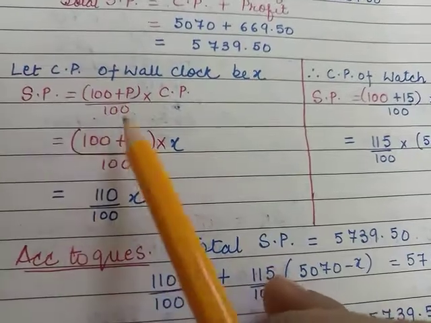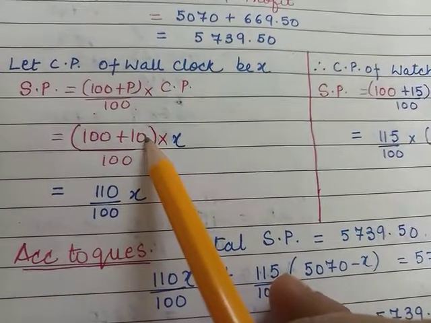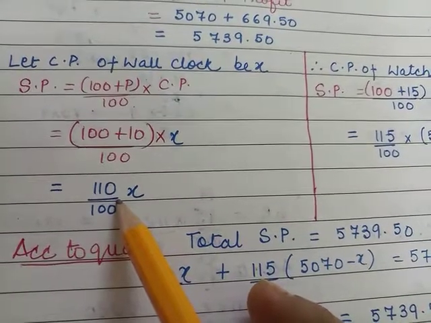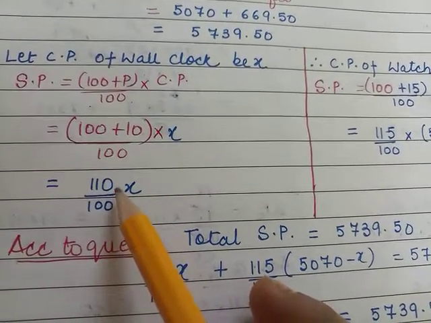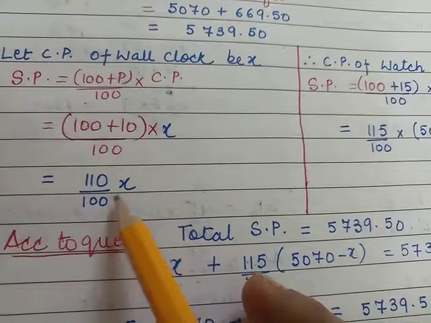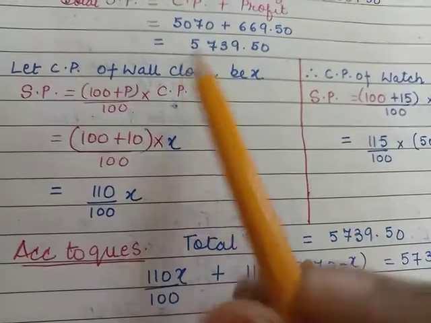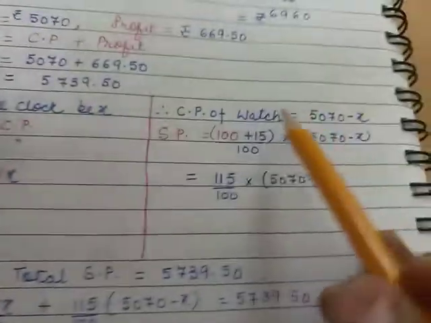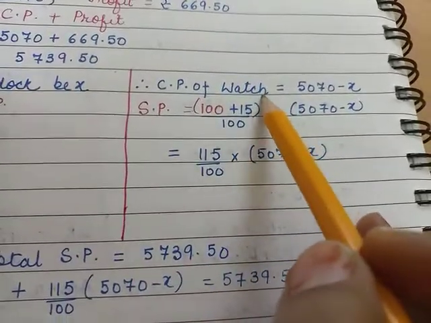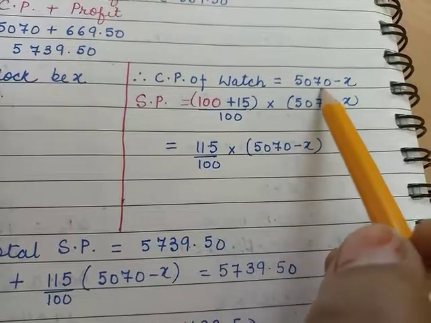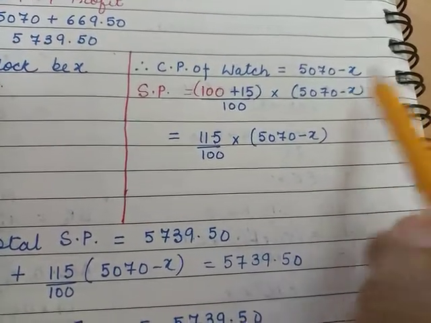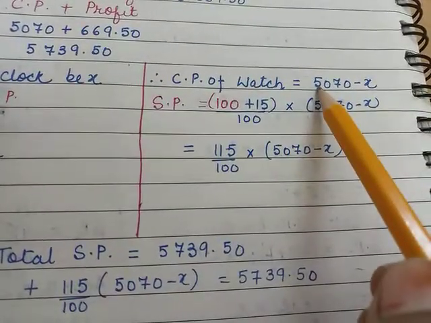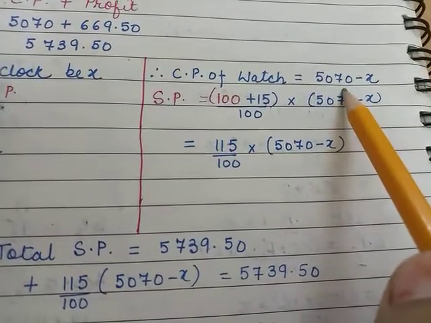He is selling it at a profit of 10%. So we calculate the selling price of the wall clock in the form of X. So that becomes 110 upon 100 into X. Now if the wall clock is purchased for rupees X, then the cost price for the watch will become 5070 minus X, because the sum of both the wall clock and watch is 5070.